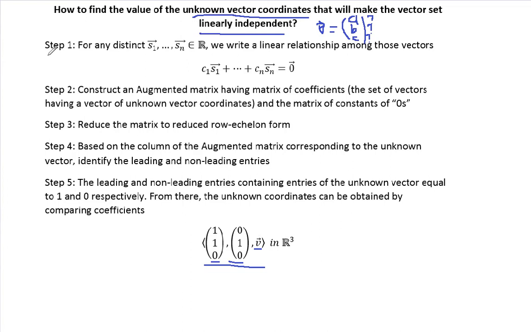So step 1, for any distinct number of vectors, we can write a linear relationship in this form. Now we have 3 vectors, so you have C1 S1 plus C2 S2 plus C3 S3 equals to the 0 vector.